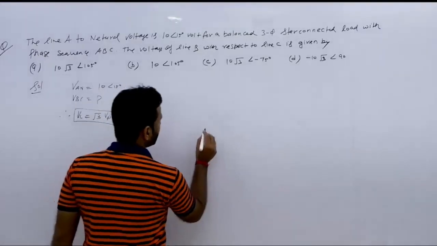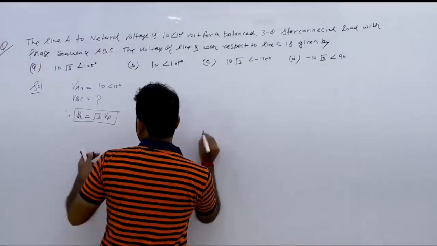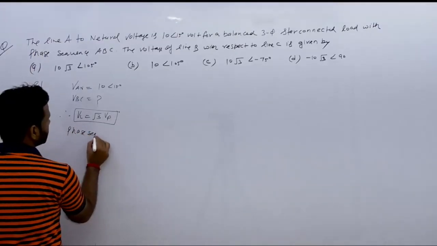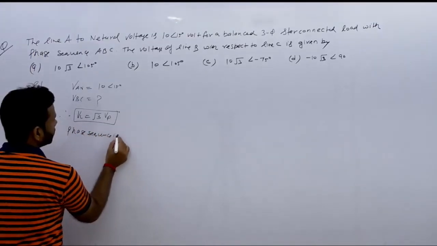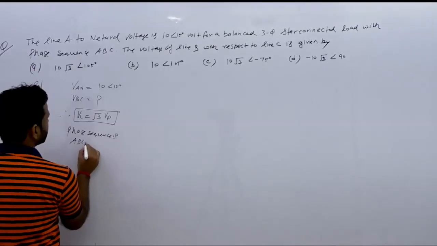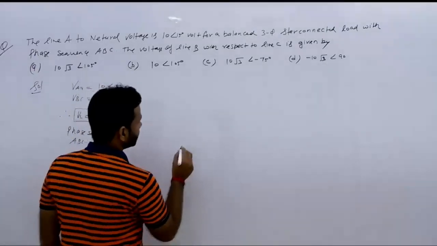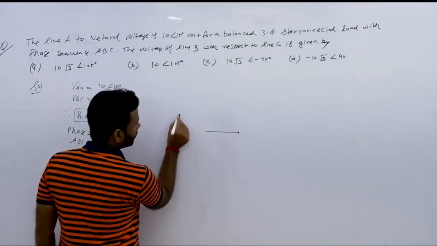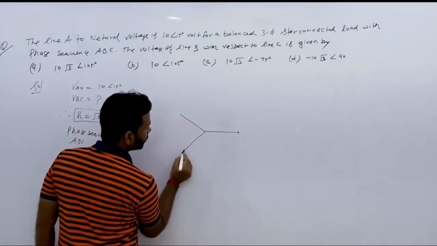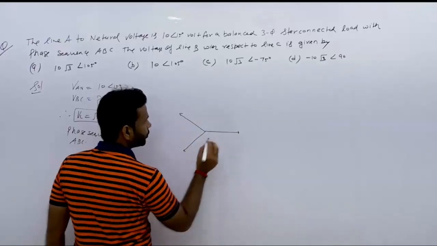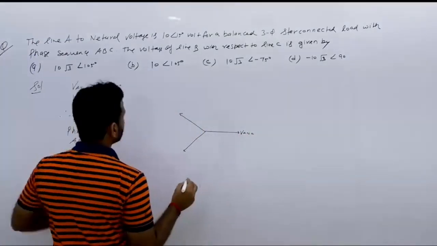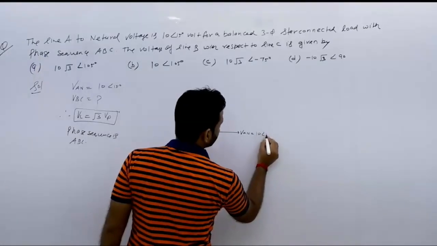Okay, so in the given question, phase sequence is ABC. So let's find the phase voltage phasor diagram. So it is VAN, and it is at 10 angle 15 degree.